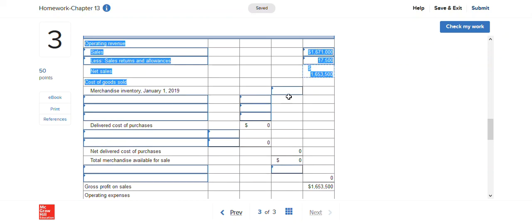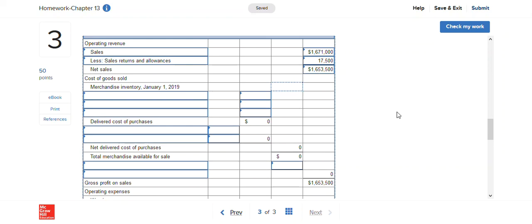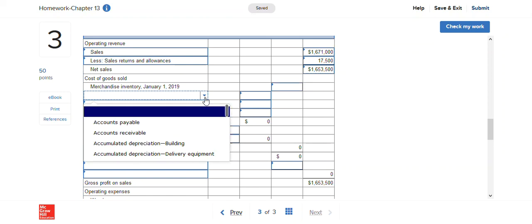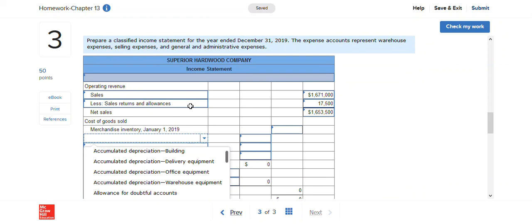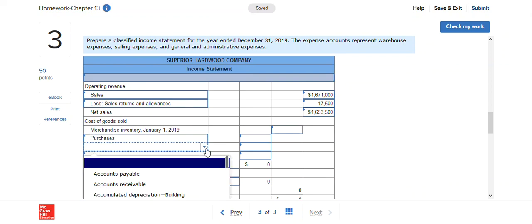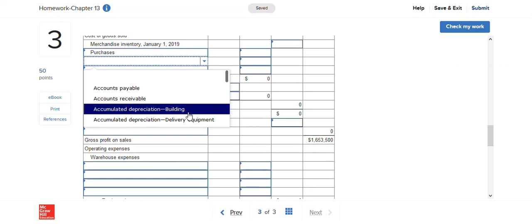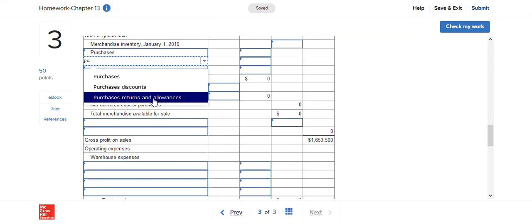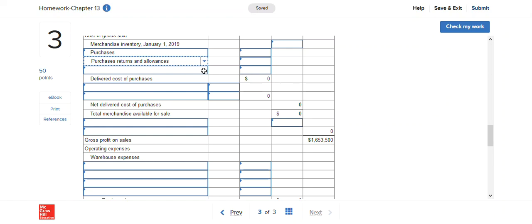And then we've got our cost of goods sold section. So we've got our merchandise inventory on January the 1st. And then we have some purchases. We've got some purchase returns and allowances and some purchases discounts.